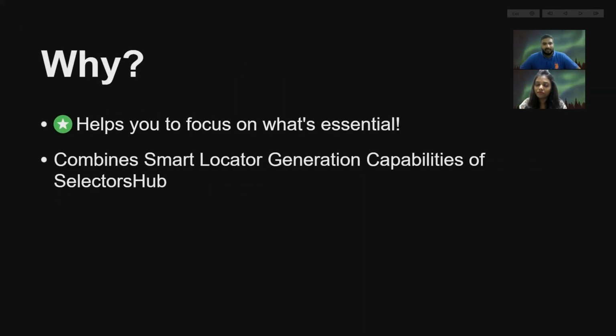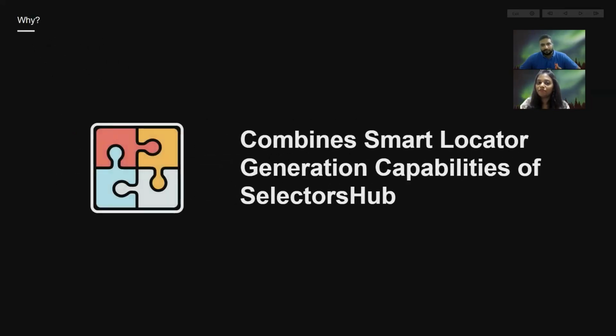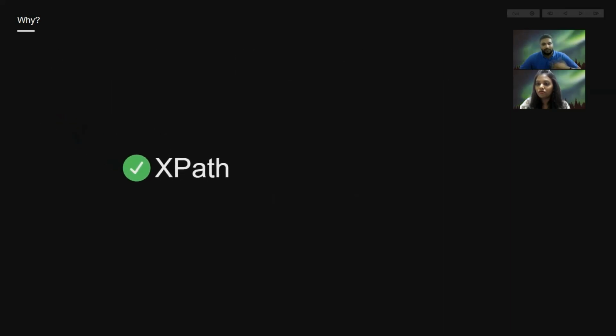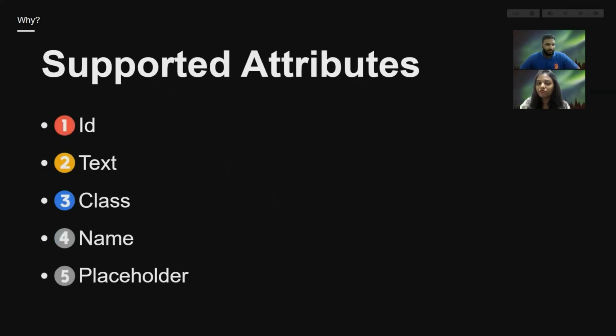Another is that, as this tool is developed by the creator of Selectors Hub, it also combines all the smart locator generation capabilities of Selectors Hub. When I talk about smart locator generation, it's related to XPath, where you can configure the XPath for different supported attributes like ID, text, class, name, or placeholder.